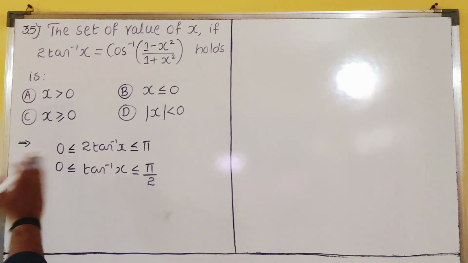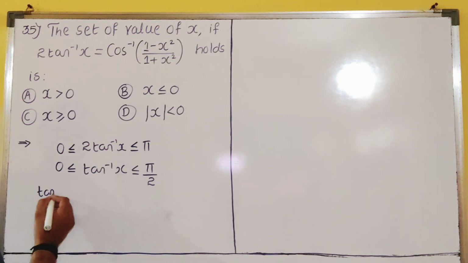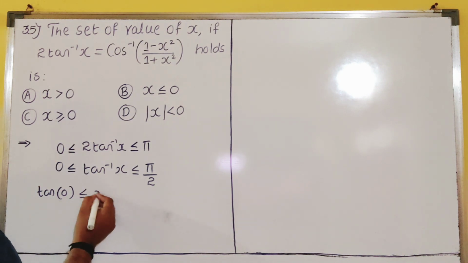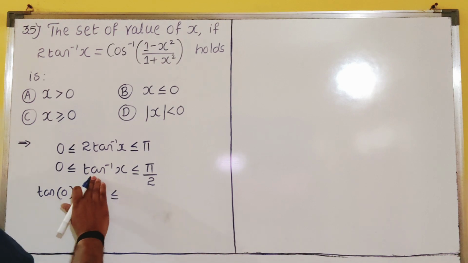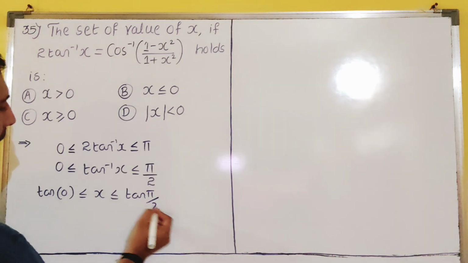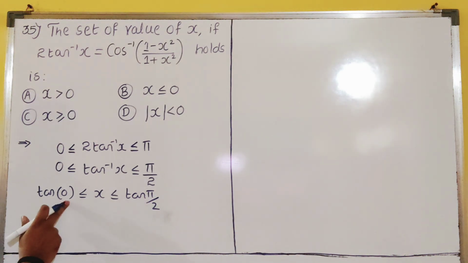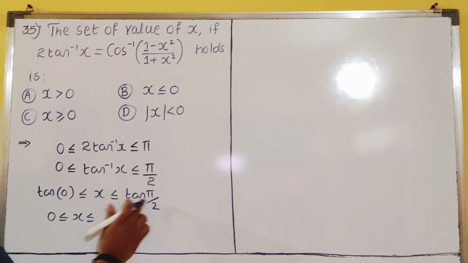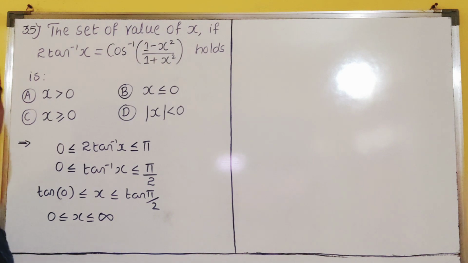Now if you take tan inverse to this side, it will become tan 0 less than or equal to x, and on this side it will become tan pi by 2. Tan 0 is 0 and tan pi by 2 is not defined, dear students, that is infinite.